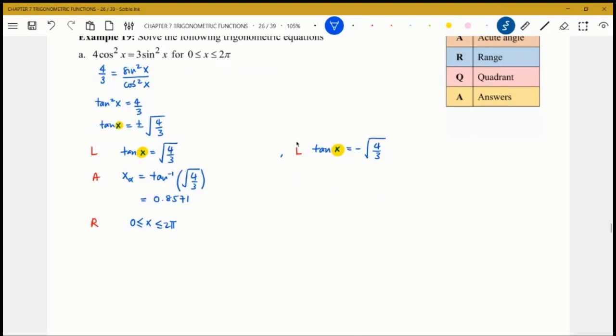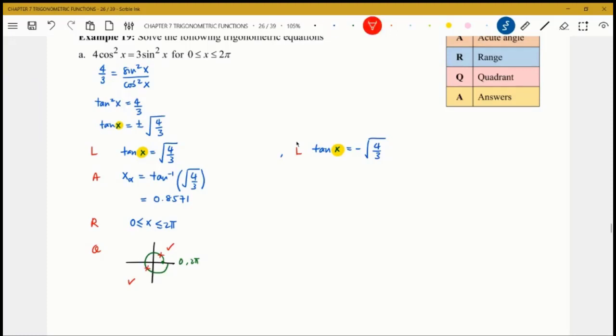So the next one we can proceed to the Q. So quadrant kita rotation bermula daripada 0 towards 2 pi. Hanya ada satu rotation saja daripada 0 to 2 pi. So its positive tangent, it lies on the first quadrant and the third quadrant. So your angle should be here and should be here.